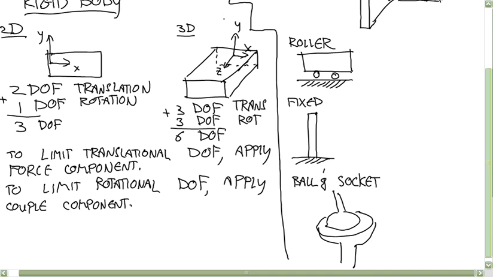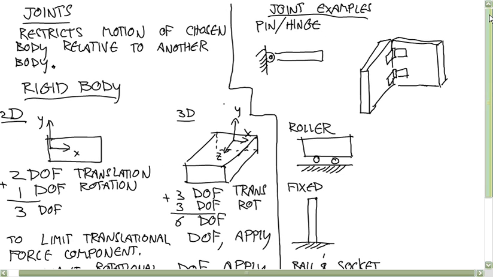So that means when you think of a pin joint, don't think about the fact that it can rotate. Think about the fact that this body can't translate this way or this way. Okay? And when you think of a roller, don't think about the fact that it can rotate or slide this way. Think about the fact that it can't drop into the ground or jump out of the ground in most cases.